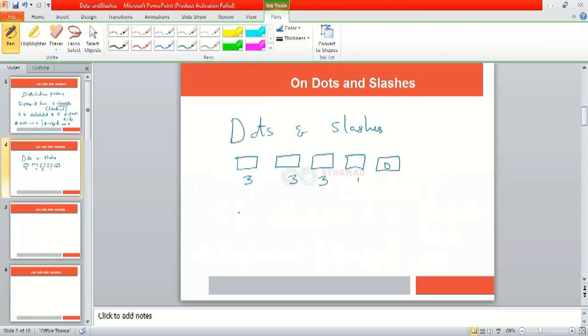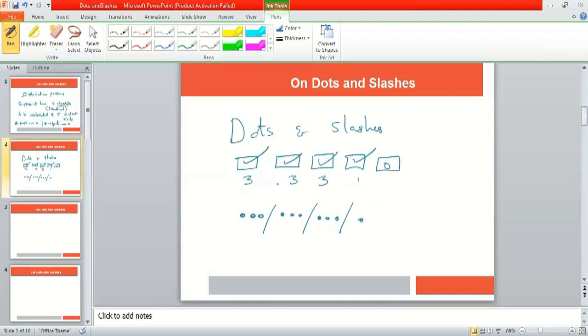I indicate this as three dots for the first kid, followed by a slash, 3 dots for the second kid, followed by a slash, 3 dots for the third kid, followed by a slash, 1 dot for the fourth kid, and I don't put a slash because it is understood that the last is 0.